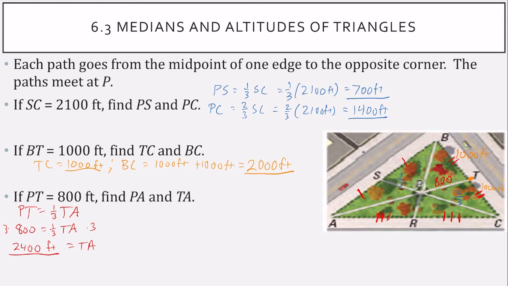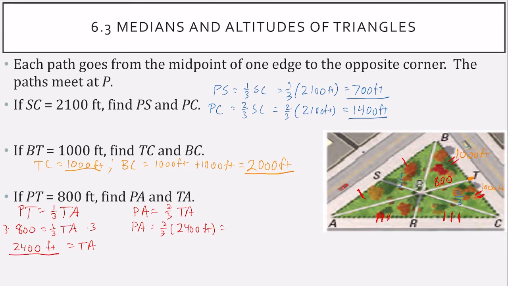PA is 2/3 of that, or if you like, PT is the 1/3 and PA is the 2/3. So if I just double it, I should get PA. So PA is 2/3 of TA, and TA was 2,400.